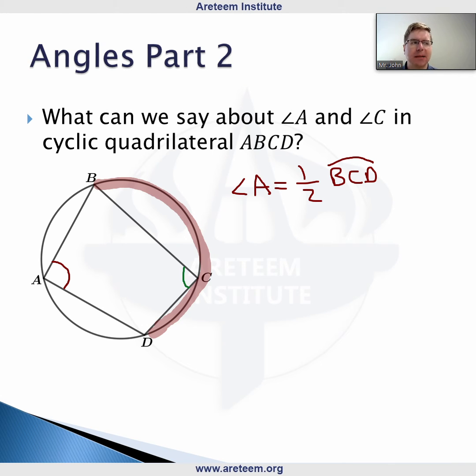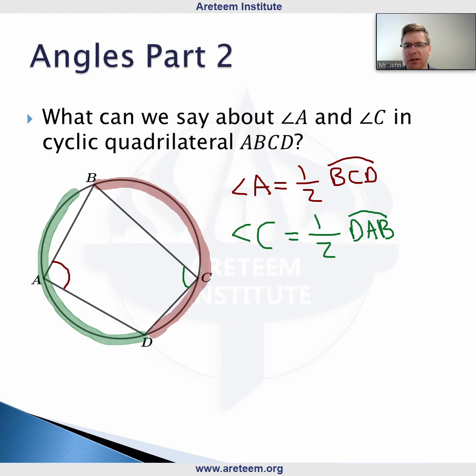Now, why is that important? Well, what if we do the same thing for angle C? You could say this is the same arc, but angle C is, and again, just for clarity, let me call this arc DAB. So this time, if we want to continue going around clockwise, we would say we're going from D to B, but just to clarify this, we are saying it's the arc BD that contains A in this scenario.